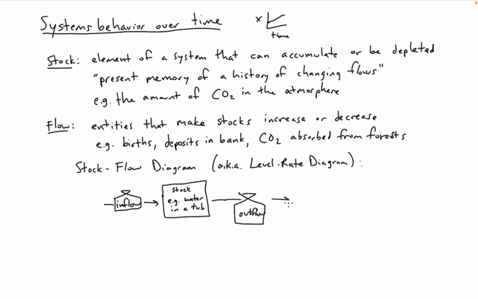Okay, and the water is going somewhere. We're not going to worry about that right now, and it's coming from somewhere else. We're not going to worry about that. We draw these little clouds. So we're just kind of focusing on the bathtub in this case. So there's a stock here, and then we have two flows. So the inflow could be, there could be more than one inflow. There could be a faucet.